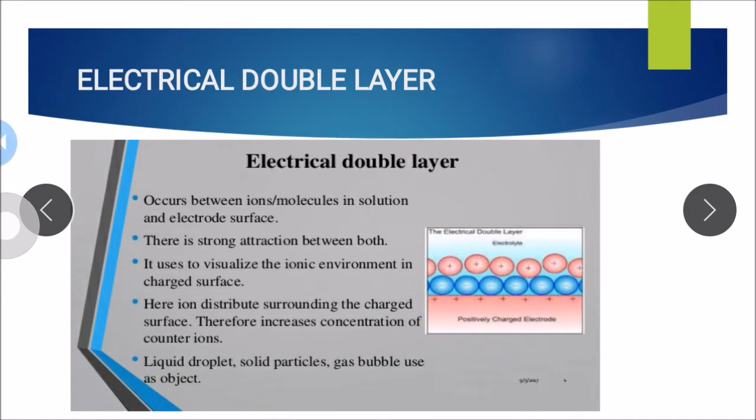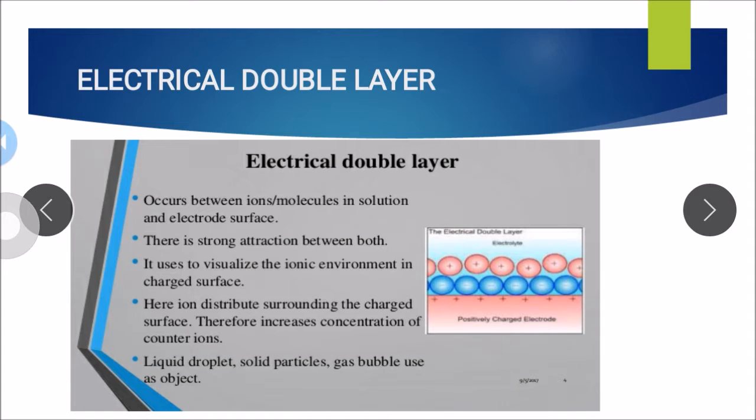This electrical double layer occurs between ion molecules in solution and the electrode surface. There is a strong attraction between both of them. It is used to visualize the ionic environment at a charged surface. So this is the charged surface actually, the positively charged electrode. This positively charged electrode is attracting the negatively charged layer, the first blue colored layer.